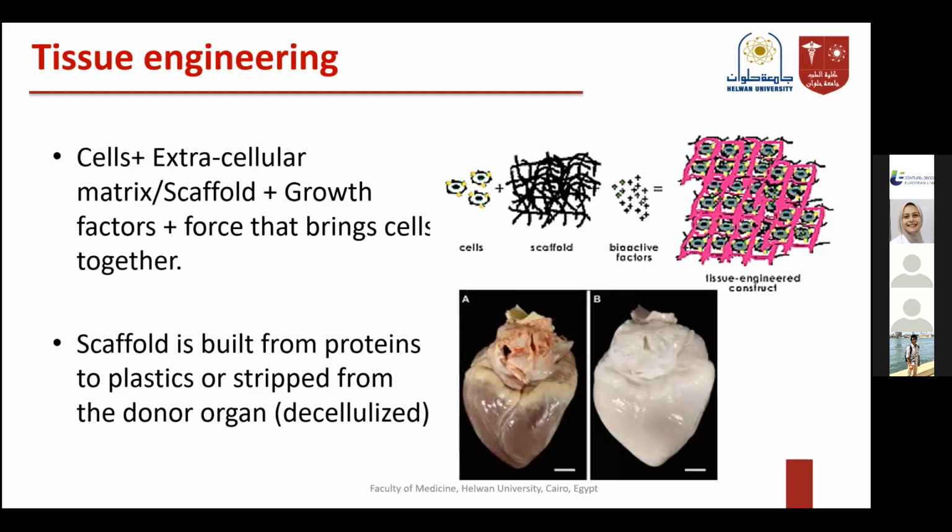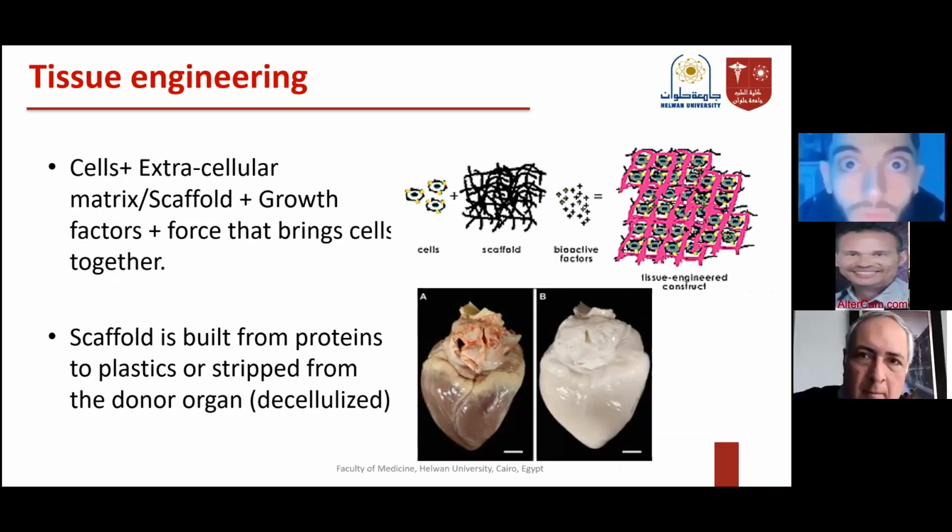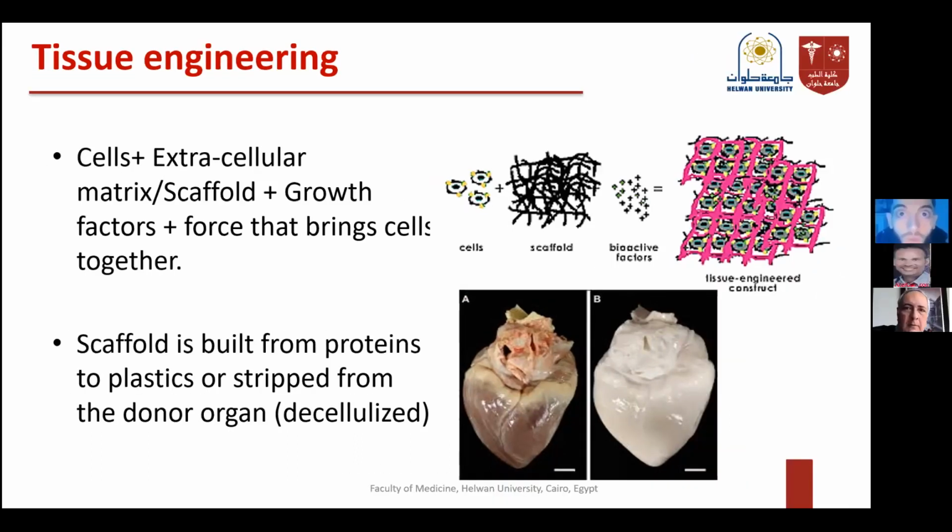These are the components of any tissue. We need cells, we need extracellular matrix or the scaffold, the skeleton, and the bioactive substances or the growth factors, and we need a force to get these all together into a shape.